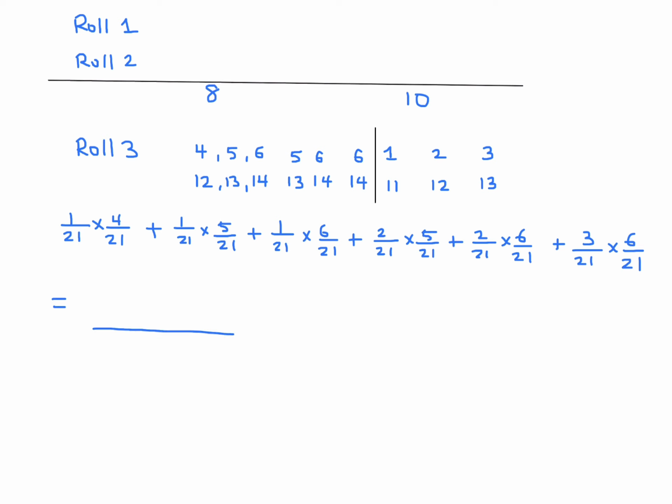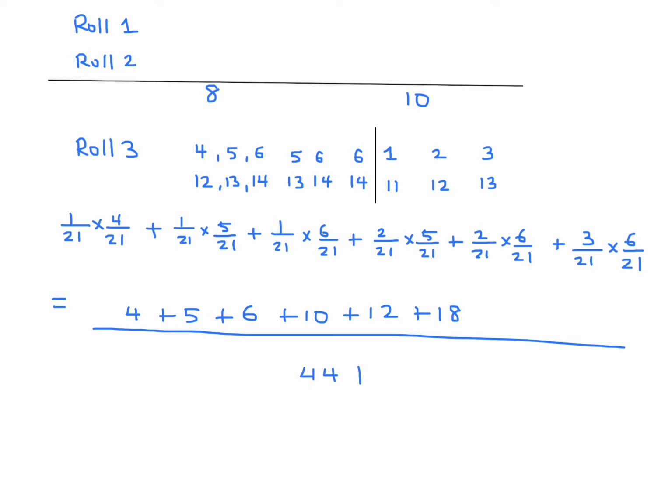So let's total this. The denominator looks like 21 squared, which is 441. And the numerator is 4 plus 5 plus 6 plus 10 plus 12 plus 18. And that is 55 over 441, which is basically 400 plus 41.